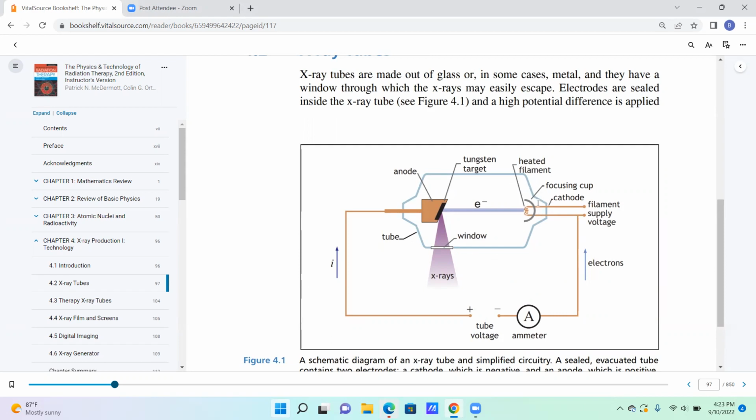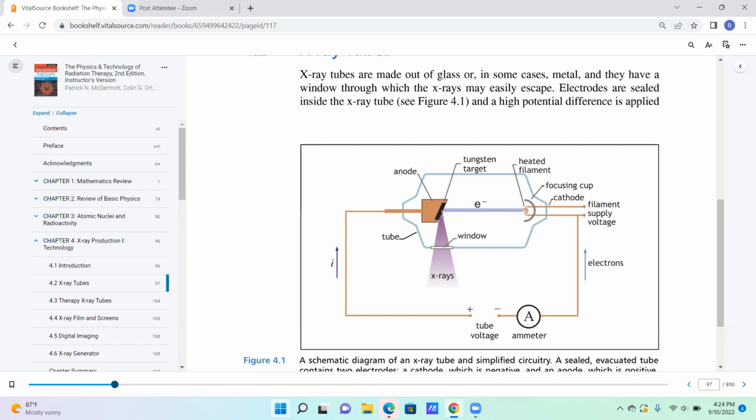When the electrons are released from the filament, just simply because they have enough energy to escape from the wire through thermionic emission, they are let go. Now, what happens is that you have a potential difference, or a voltage, in between here and here. We take advantage of that because once the electrons are hot enough, they have enough energy to boil off, and they're going to want to go in a particular direction.